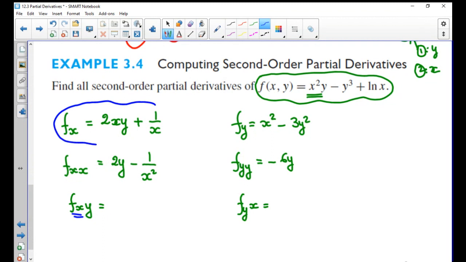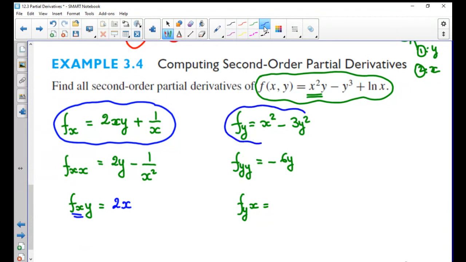So look at fx and then differentiate this with respect to y. This will give you fxy. So what is the derivative of fx with respect to y? 2x. Can you see it's 2x? Because the derivative of 1 over x with respect to y is 0. So this is 2x.